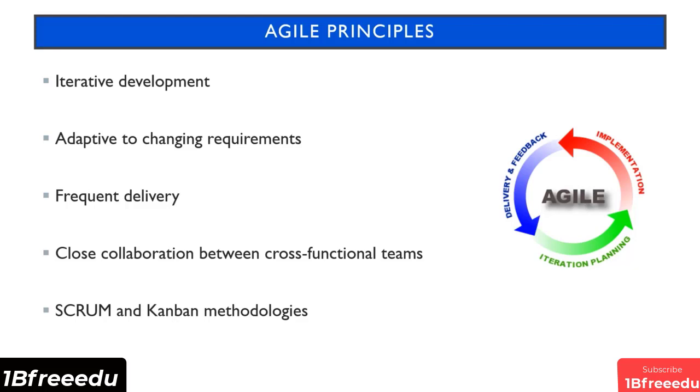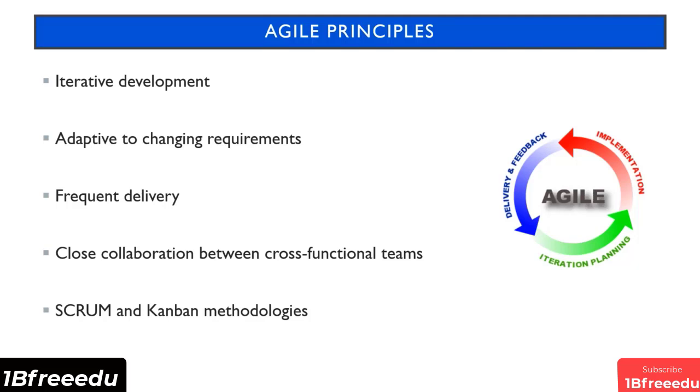And at the end of an iteration, there should be a shippable product or group of features. This frequent delivery of the product results in customer satisfaction, as they are able to monitor the progress of development and are able to test and provide feedback early on, thereby ensuring that their requirements are met and the team is on track.